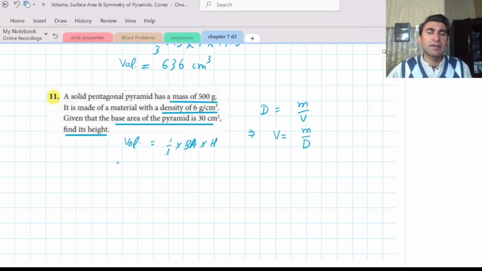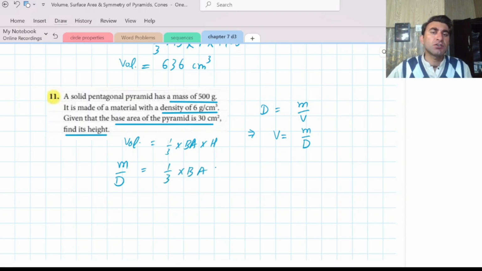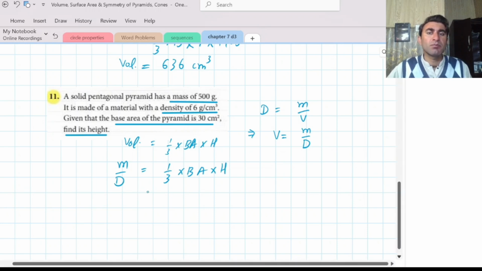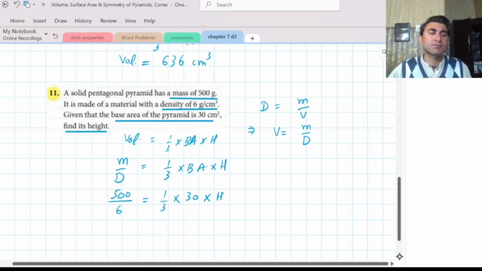So mass over density equals 1 upon 3 into base area into height. As we have mass and density, we can just replace the values over here. Mass was 500, density was 6, equals 1 upon 3 times the base area, which was 30, multiplied by height h.